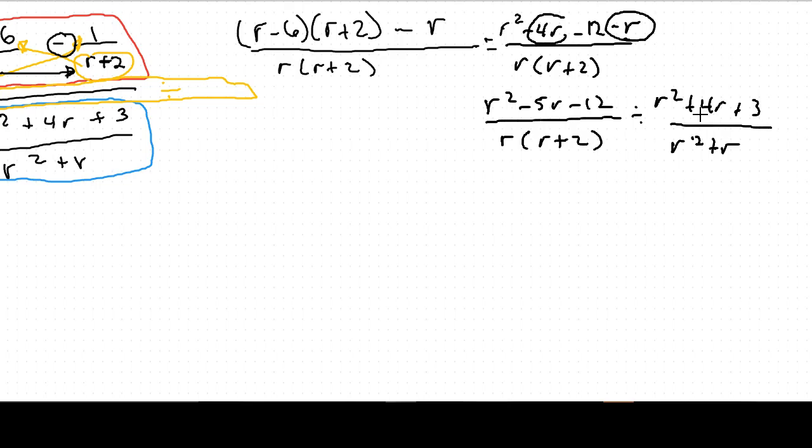Okay, now that I have two solid fractions, I just have to make this a multiplication sign by flipping this thing over. So I'm going to rewrite the first one exactly the way that it's written. R squared plus 4r.